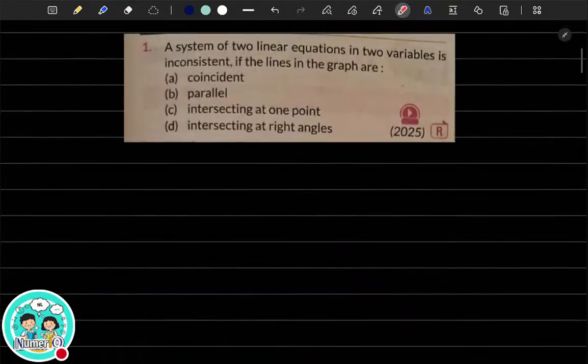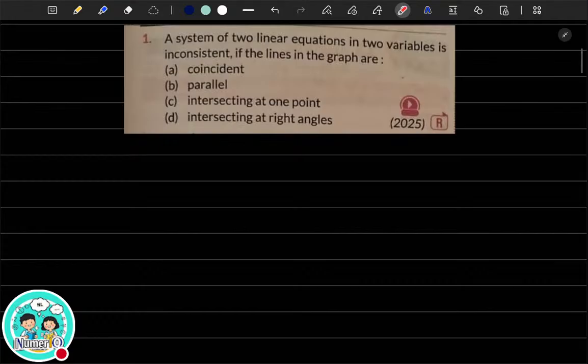So the first question for you. A system of two linear equations in two variables is inconsistent if the lines in the graph are: coincident, parallel, intersecting at one point, or intersecting at right angles. Whenever you have a system of two linear equations in two variables and it is inconsistent, can you try it?